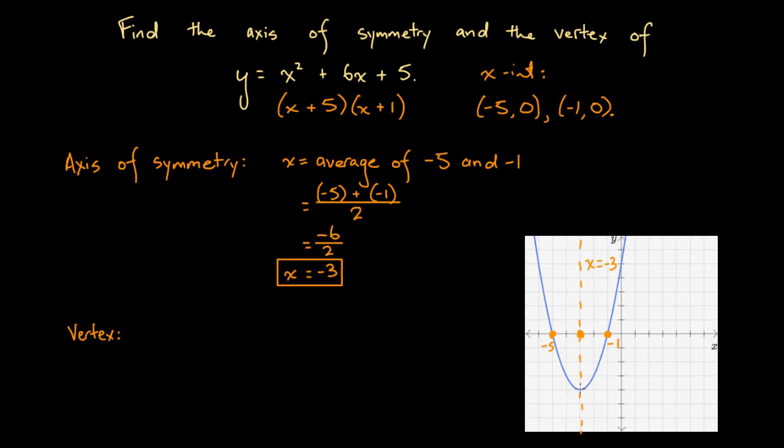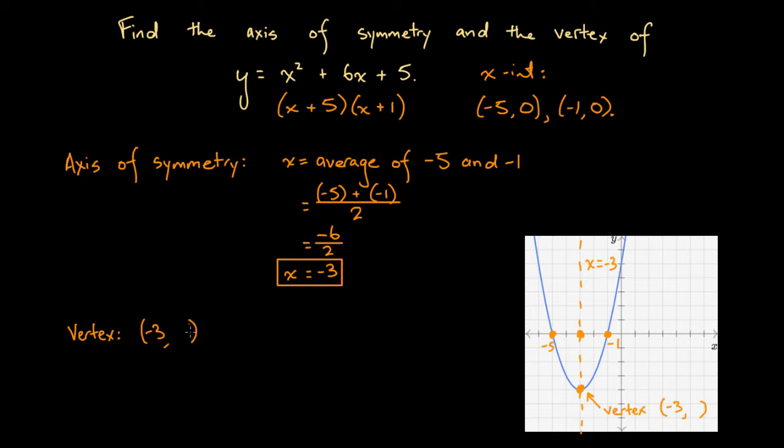The vertex is this point right here. So the vertex will have an x-coordinate of minus 3, and the only thing we'll have to figure out is the y-coordinate. So the vertex will be minus 3 and something.